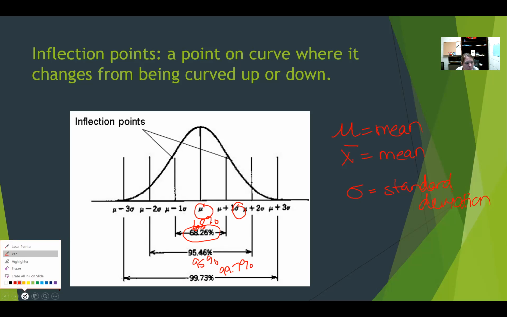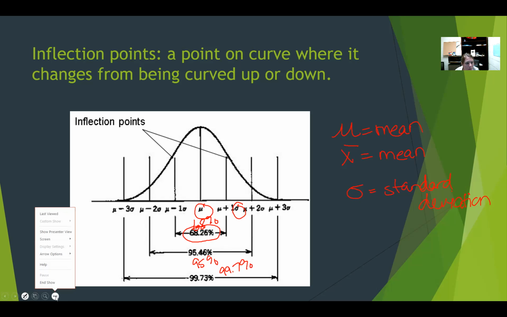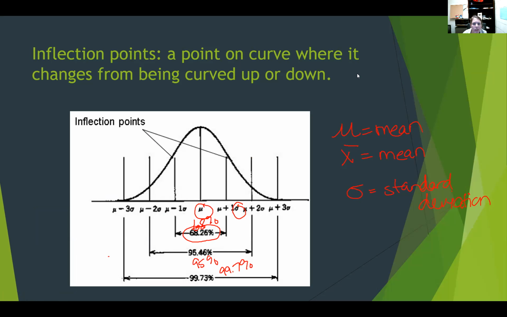Let me see if I can get a blank page here for you. No. All right, I'm going to get the whiteboard. Let's say I give you a mean of 7, and I tell you your standard deviation is 5.